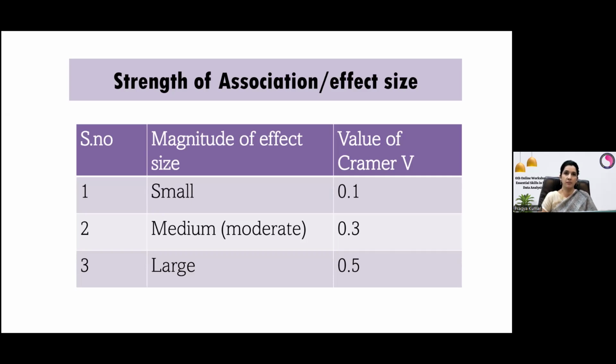If it is medium, it is moderate, and if it is large, like 0.5, then it is a large association. We only click this in the chi-square if the chi-square value is significant. If the statistical significance is not there, we don't look at the effect size. It is only seen or clicked when the chi-square value is significant.